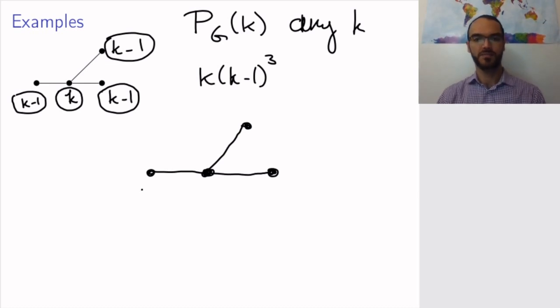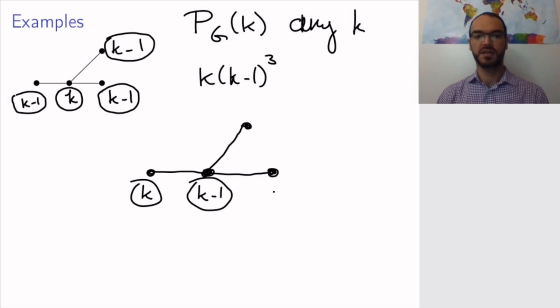So let's start here. Assume I start with this vertex and now I can use any of my k colors for this one. That leaves me with k-1 options for this one. For this one, I'm allowed to use my first color again, but none of the colors I used for this one. So it's still going to be k-1. And here as well, the only forbidden color is this one color.